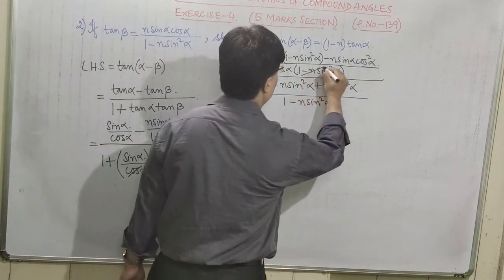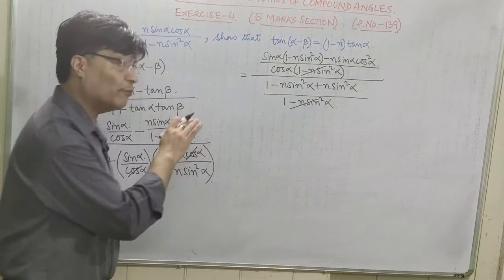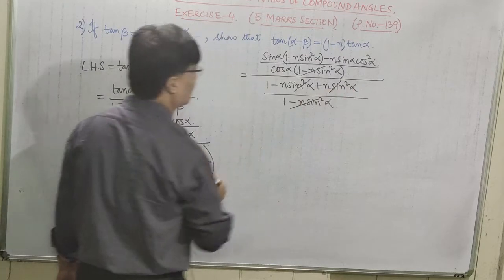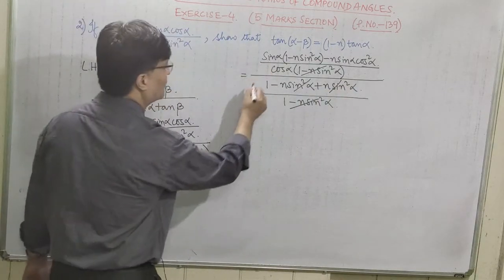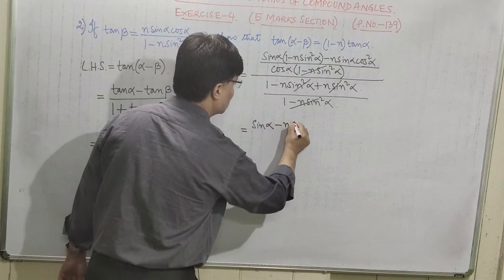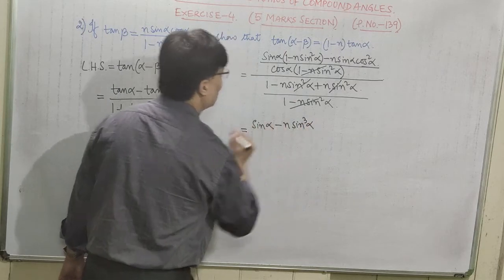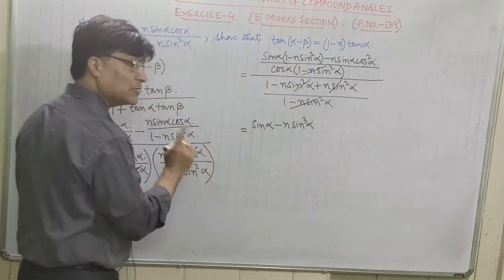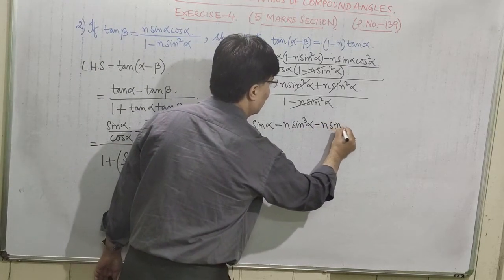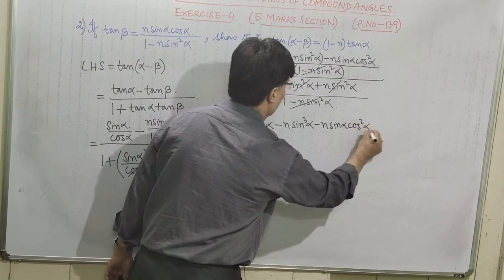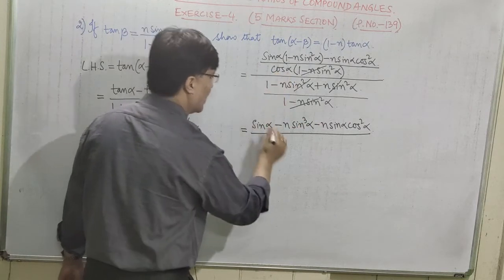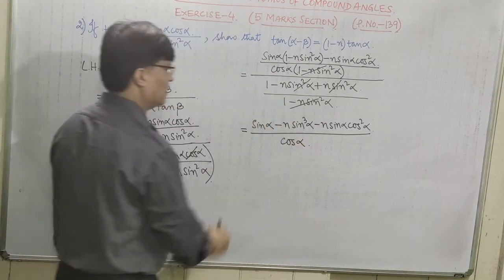So here you can cancel this 1 minus n sine square alpha from both the numerator as well as the denominator. And you can cancel this n sine square alpha also. So let us simplify it further. Sine alpha into 1 is sine alpha, minus n sine cube alpha, since sine alpha is multiplied by n sine square alpha, then minus n sine alpha cos square alpha, whole divided by, in the denominator we have cos alpha into 1, that is cos alpha.